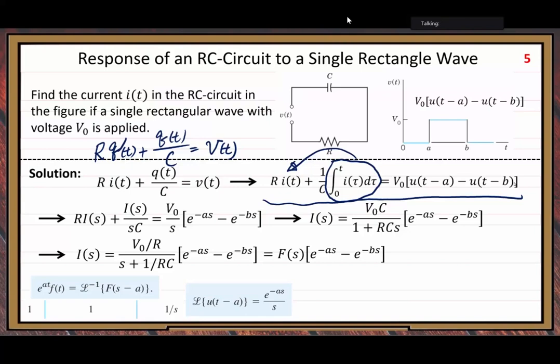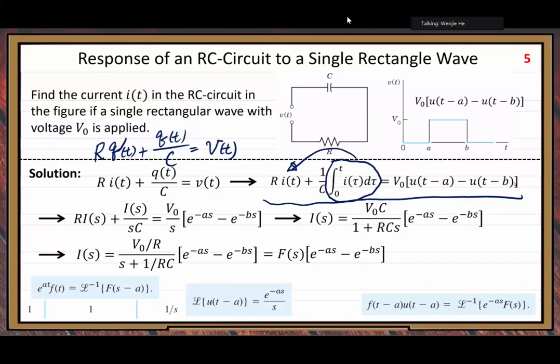So e to the A t is e to the negative 1 over capital RC times T. This is the second shifting theorem, first shifting theorem, second shifting theorem.